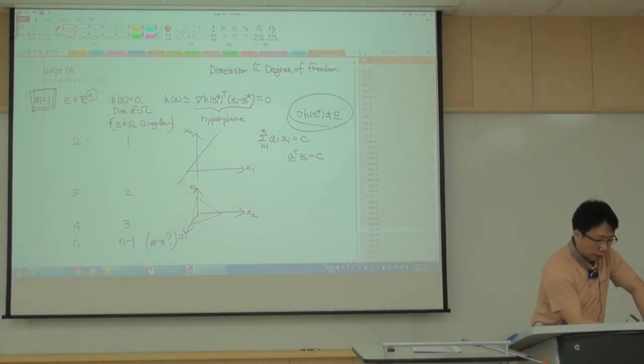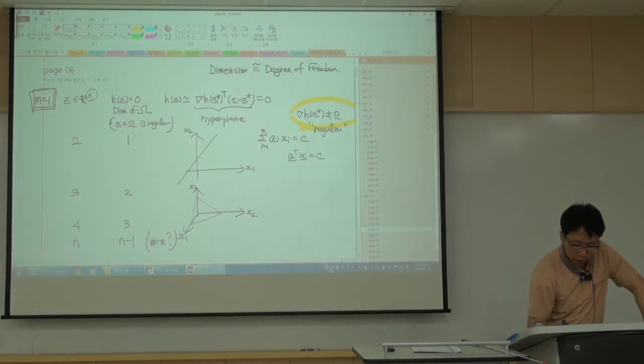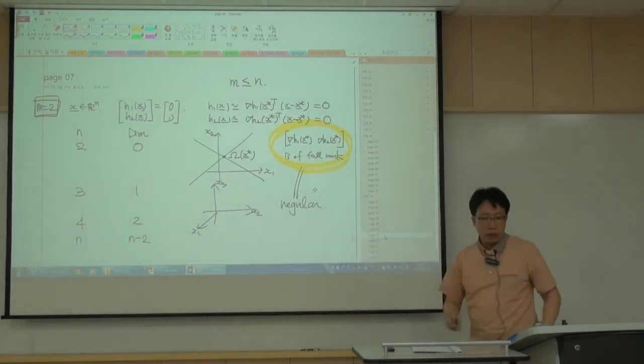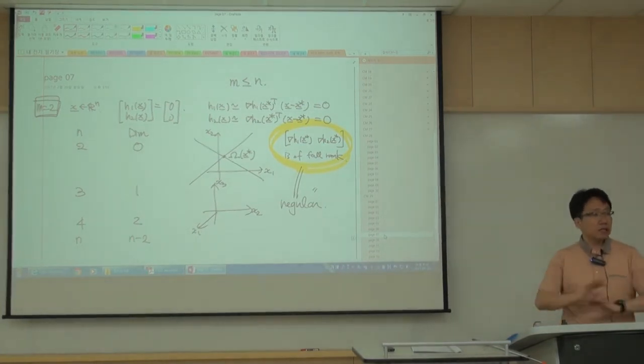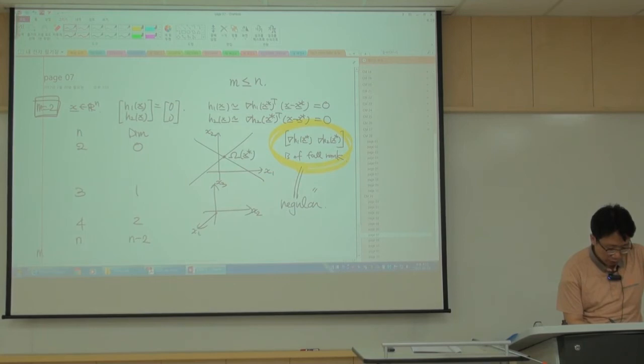This is the regularity. And this is the two-dimensional case, and you can generalize for the general case. Then you have this. Got it?